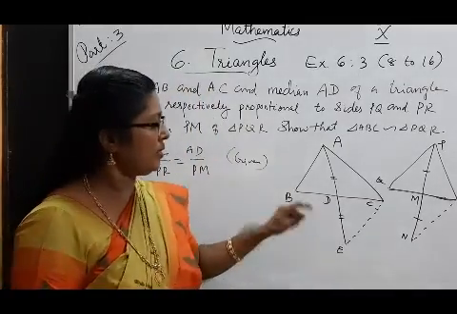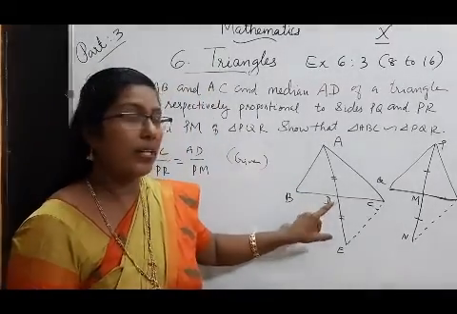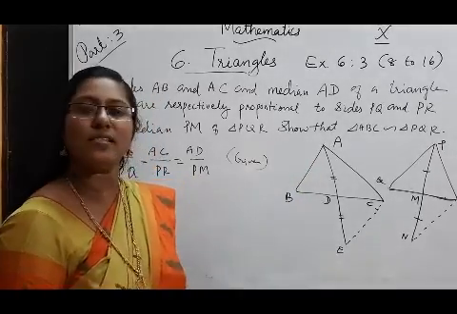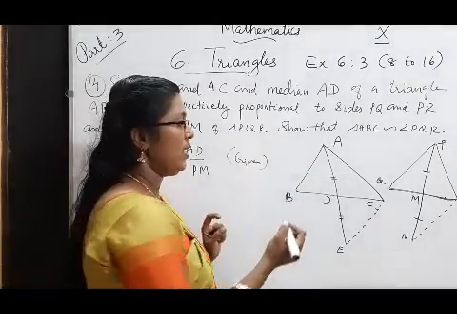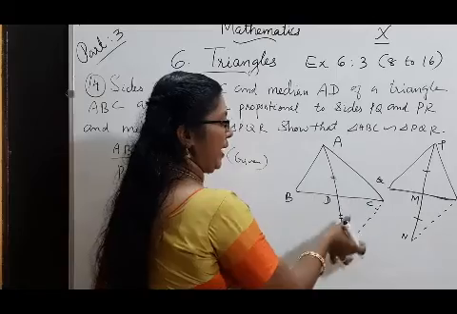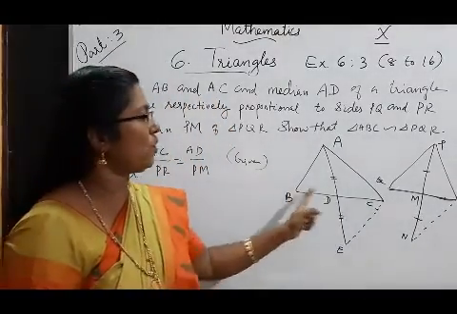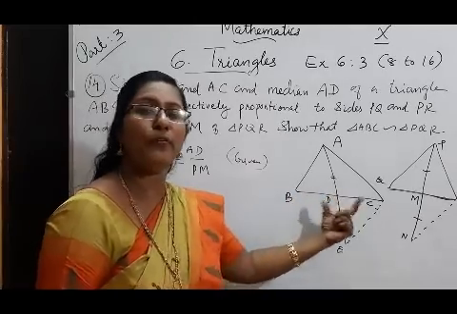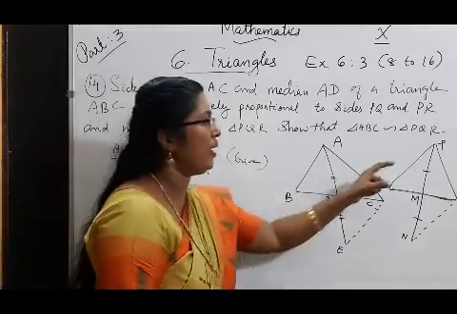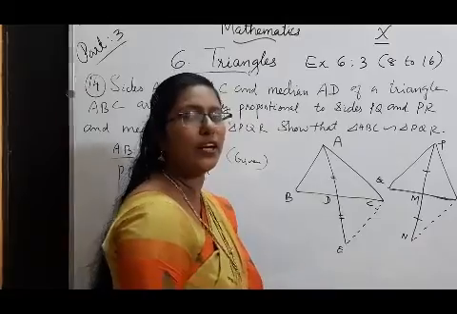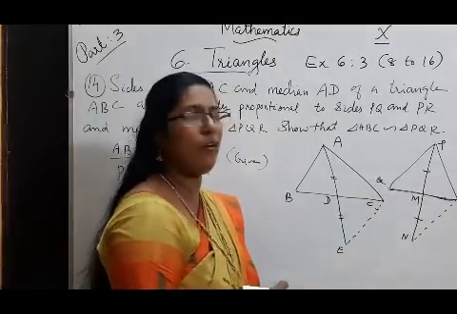Since AD and DE are equal in length, D is the midpoint of AE, and D is also the midpoint of BC, the median. The same way PM and MN are equal in length, so M is the midpoint of QR.